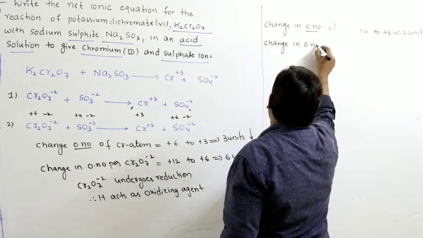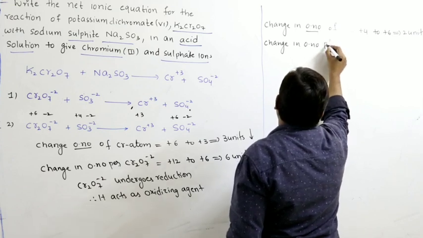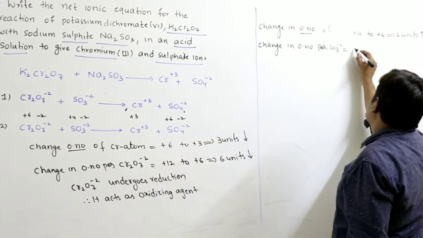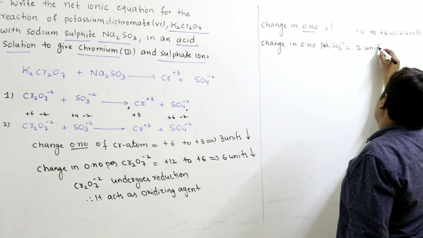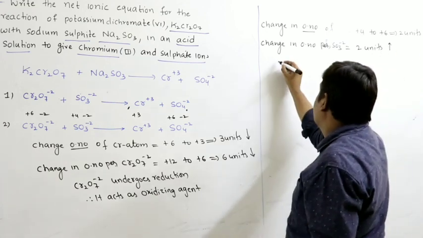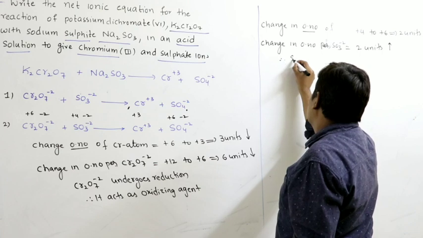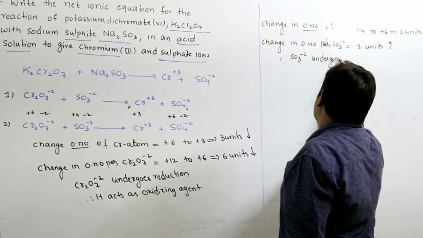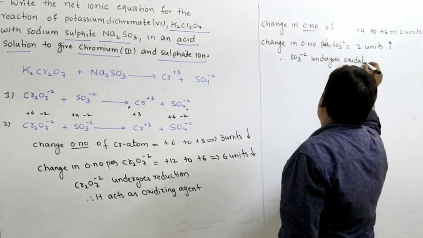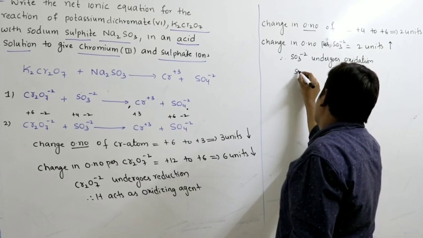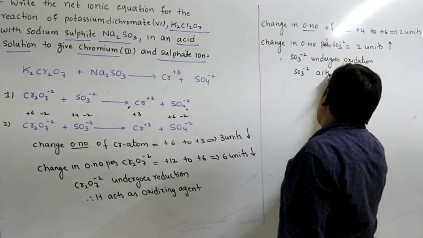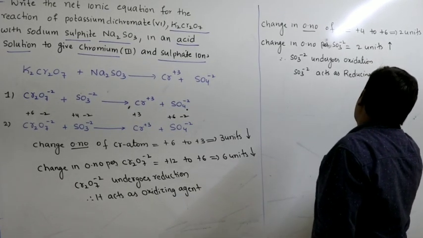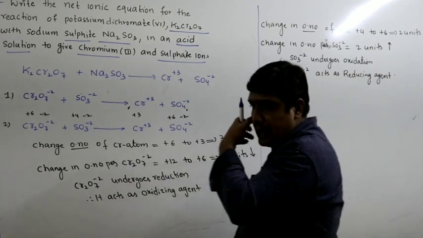The change in oxidation number per SO3 minus 2 ion is a 2 units increase. Therefore, SO3 minus 2 undergoes oxidation, or the sulfite ion acts as a reducing agent.